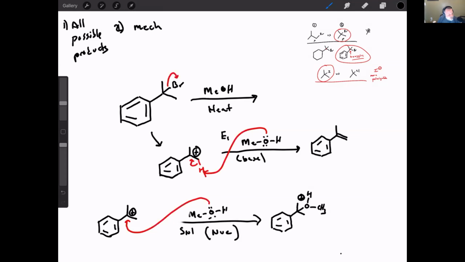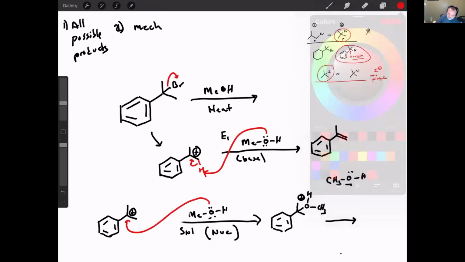In the second pathway, I am not done. I have to actually do another proton transfer. And so I'll show a molecule of methanol doing the proton transfer and forming the final product.